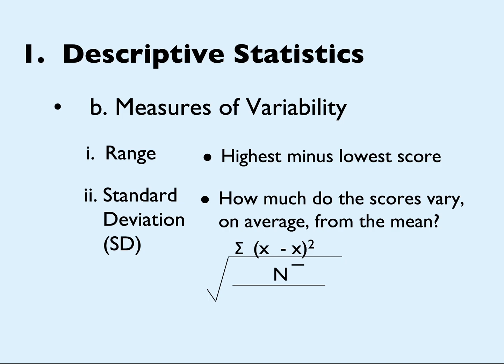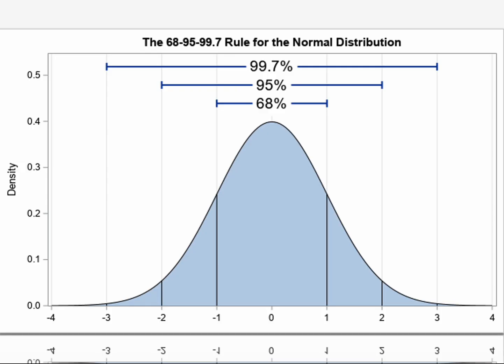Let's look at standard deviations by taking a look at the normal distribution. The normal distribution, you may know as the bell curve, but that's really not the technical term for it. It's the normal distribution. It's more or less theoretical.